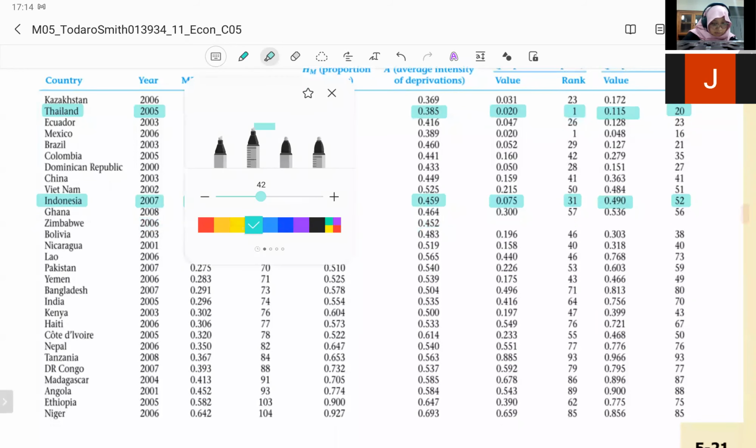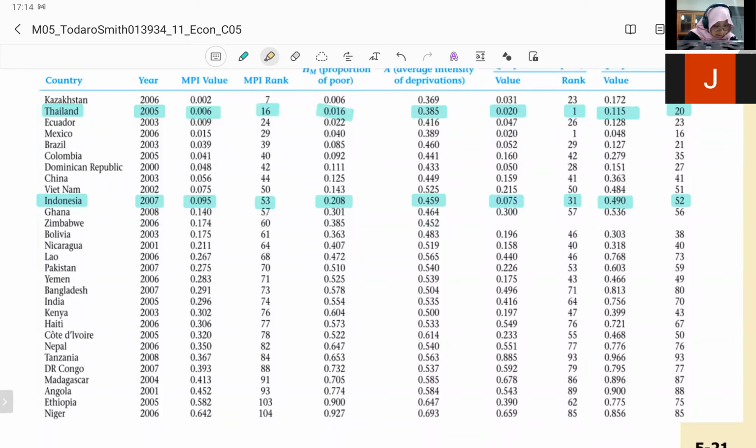country who did worse than us, like India here, for example. This is 2005 data. Their MPI value is bigger than us. It means that the situation is worse in terms of inequality in India compared to us. Their MPI rank is 74.